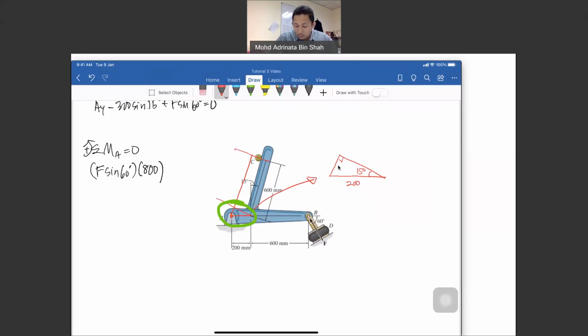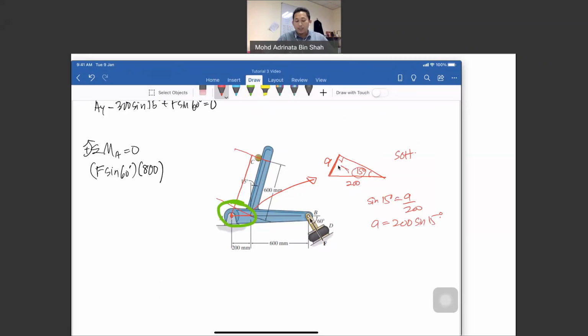So we need to find this A. Sine 15 degree is opposite over hypotenuse. Sine 15 equals A over 200. A is equal to 200 sine 15.